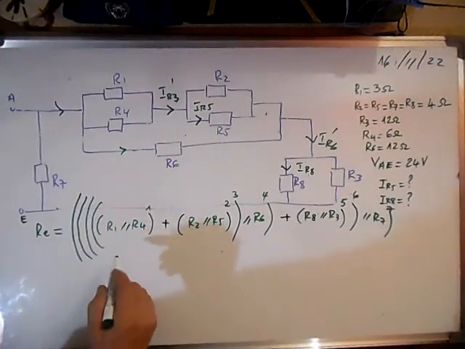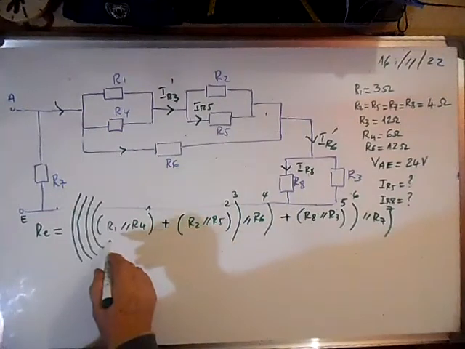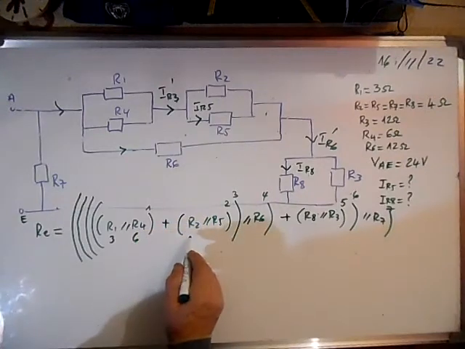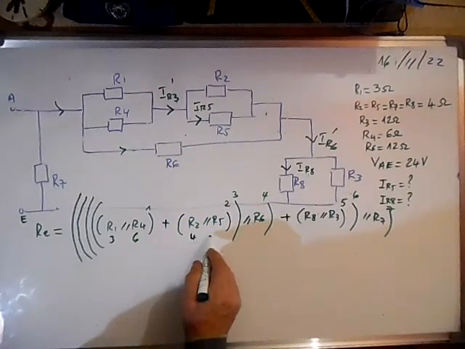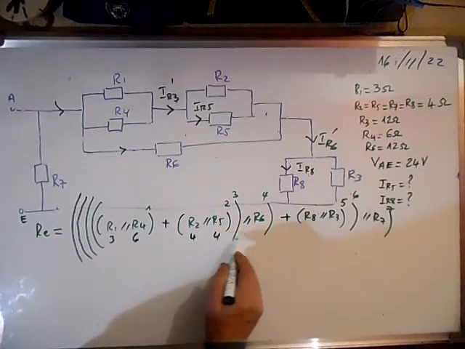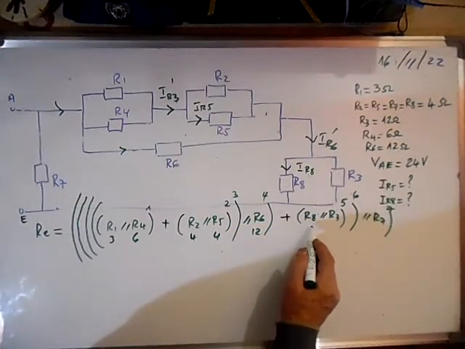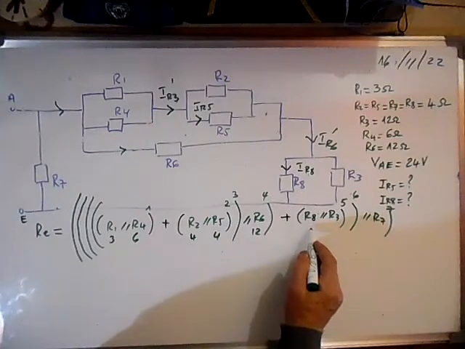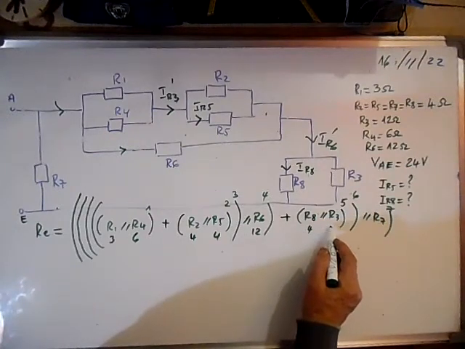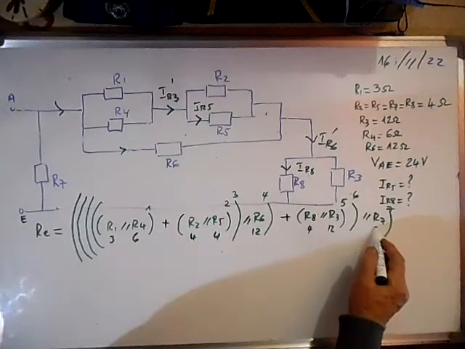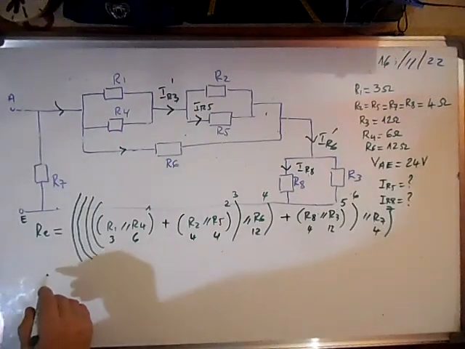So let's write the values of these resistors. R1 is 3, R4 is 6, R2 is 4, R5 is 4, R6 is 12, R8 is 4, R3 is 12, R7 is 4.